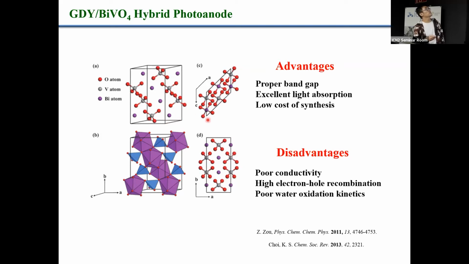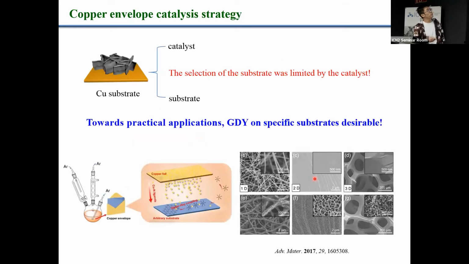Here we select bismuth vanadate because it's a promising photoanode material for oxygen evolution, but it has some advantages and also some disadvantages, such as poor conductivity, high electron-hole recombination, and poor water oxidation kinetics. So we guessed that if we combine graphdiyne and bismuth vanadate, maybe we can overcome these disadvantages.